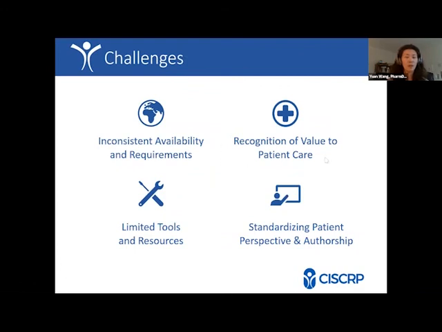So these are all things that we want to look into in the future to maximize the outreach and the education to our target audience.